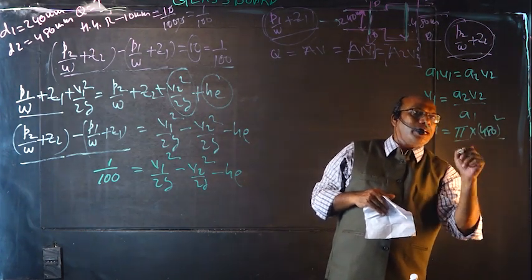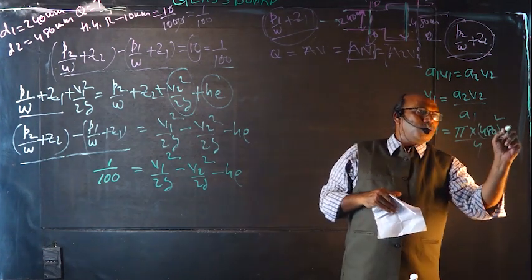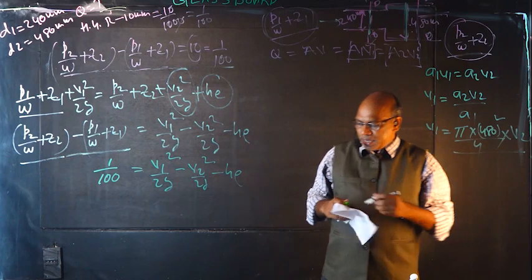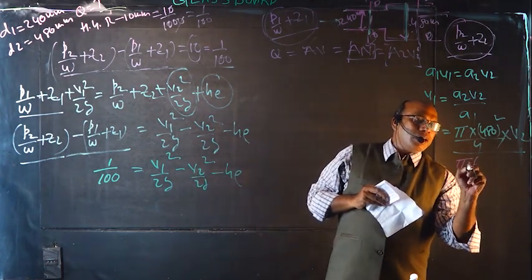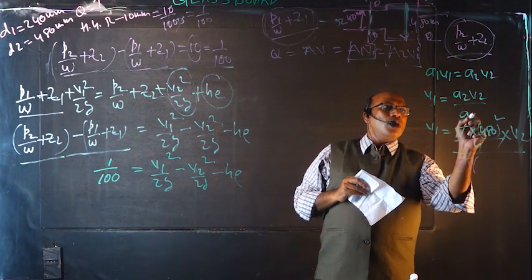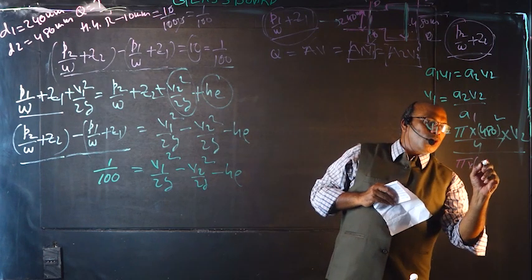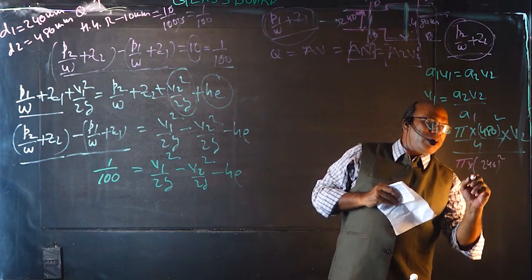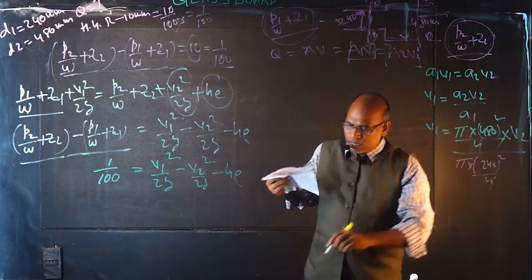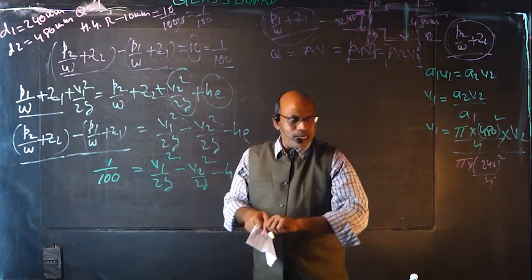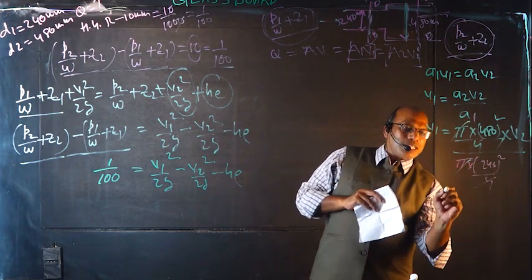So pi d square divided by 4 into V2, divided by A1. A1 is equal to pi into d square divided by 4, the cross-sectional area at section 1-1 with diameter 240 mm. Now the 4 cancels, pi cancels.